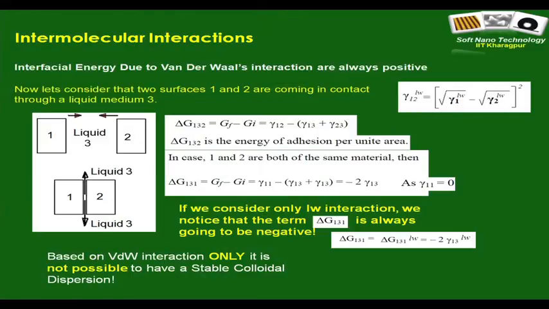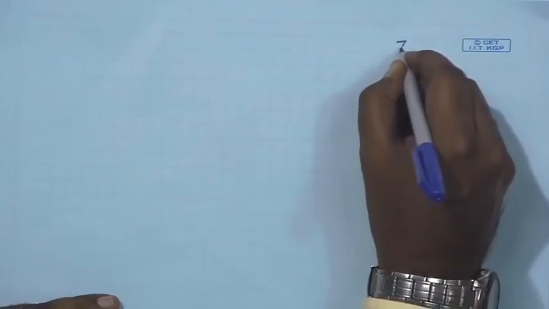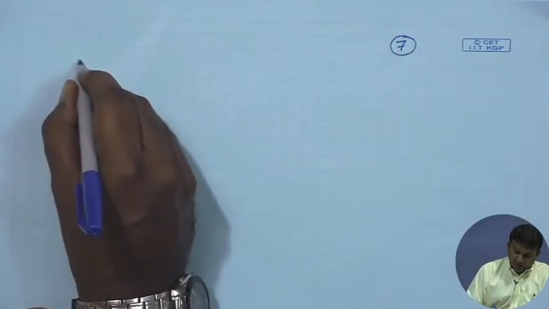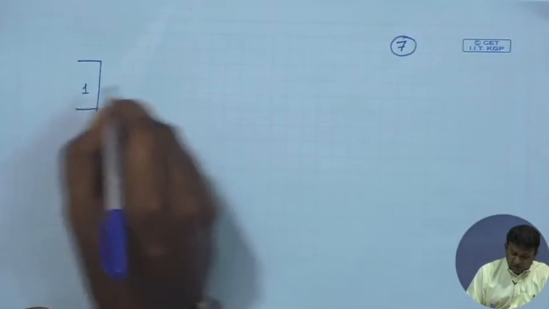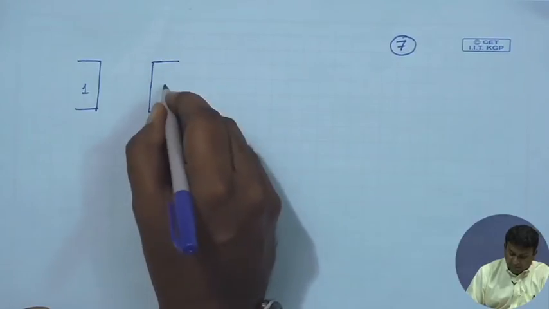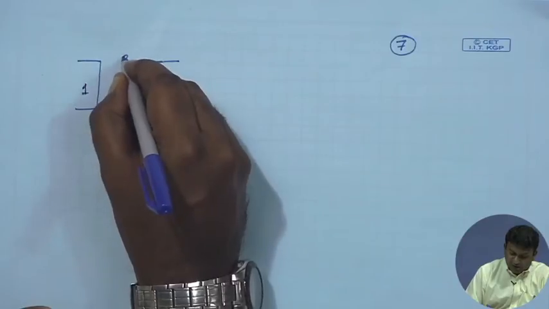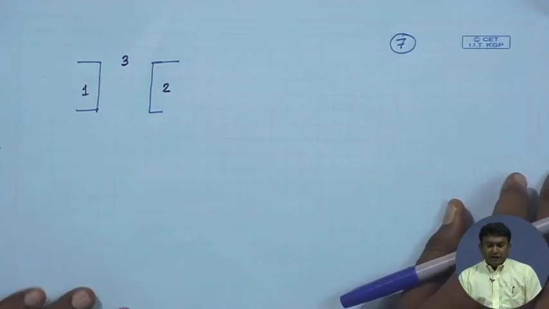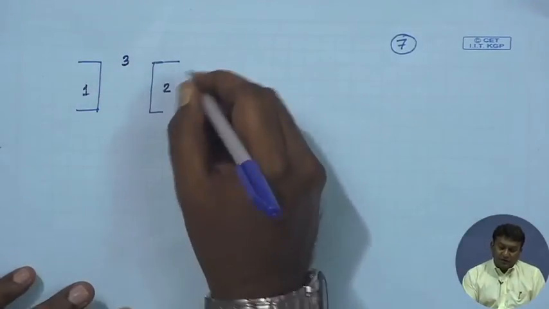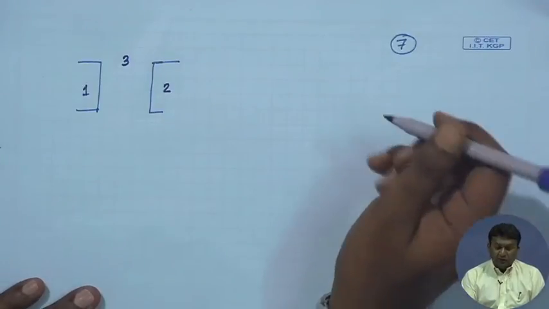The situation, however, changes slightly if the objects are coming in contact, let us say, through a liquid medium. So, we consider the same two objects 1 and 2. However, instead of air, now they are initially dispersed in a liquid medium 3.